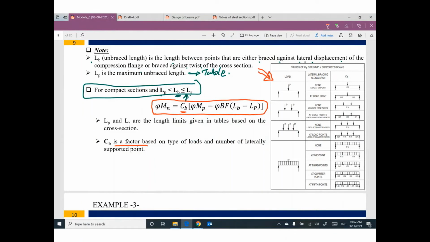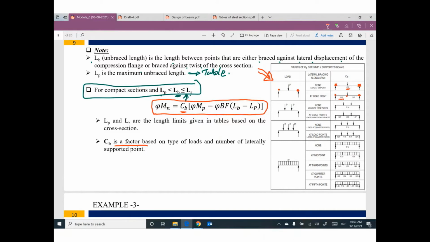If you have a simply supported beam with concentrated load, and this beam is laterally supported at this end and this end only, your value will be 1.32. If the same beam is supported at the two ends and the mid-span, your value of Cb equals 1.67.